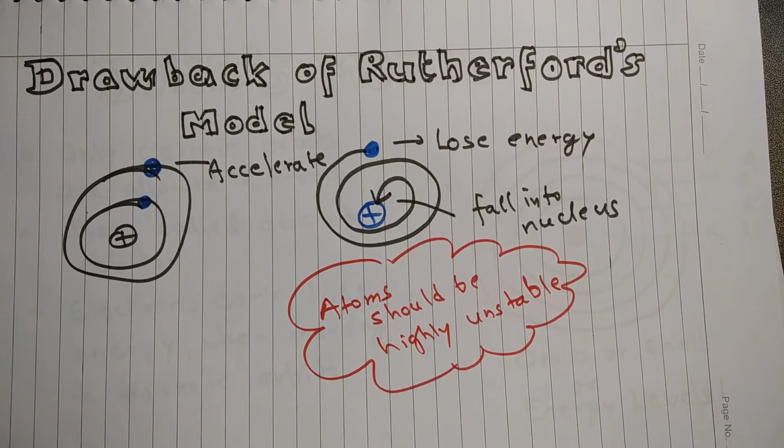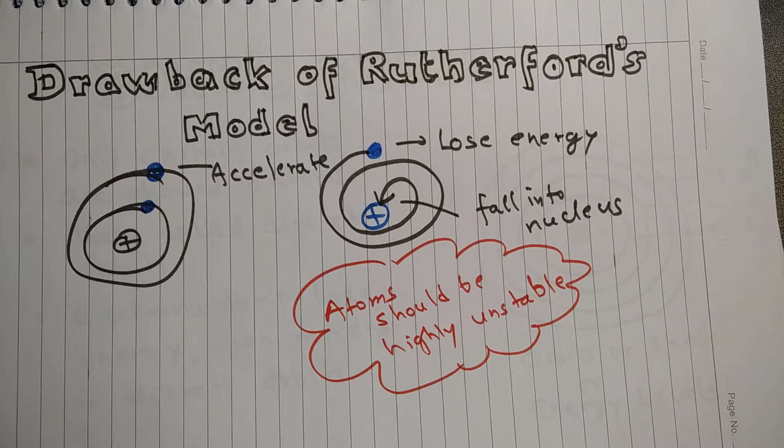But in nature, atoms are highly stable, they are not unstable the way this theory shows. So Rutherford's model was unable to explain why atoms remain stable in spite of electrons moving on circular paths.